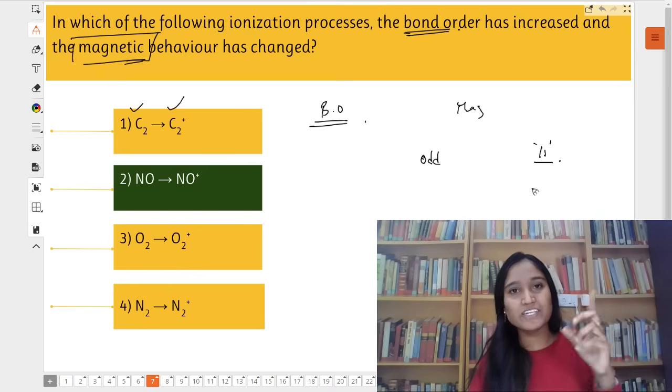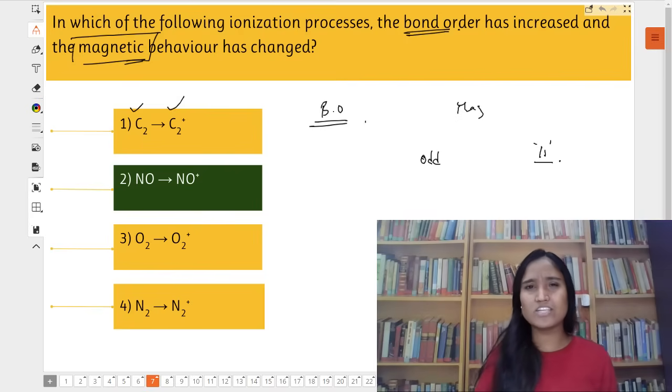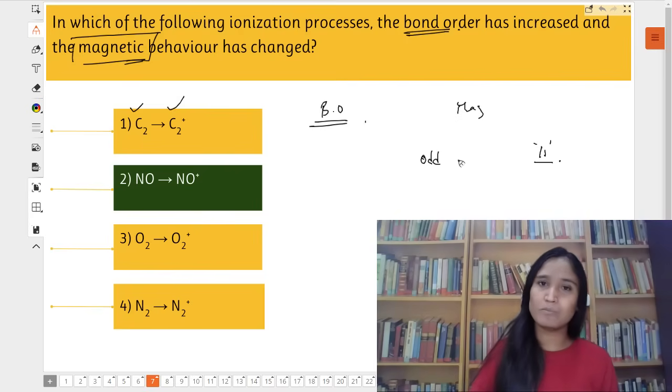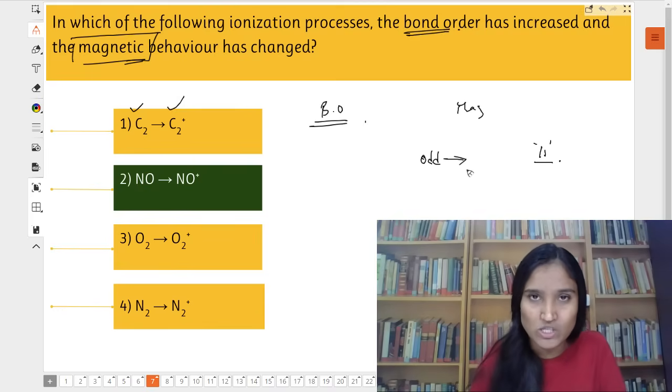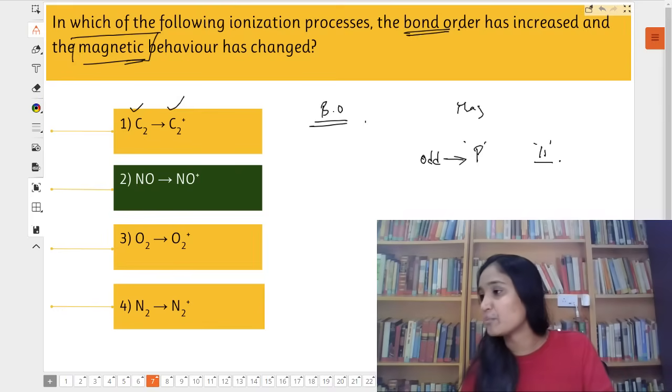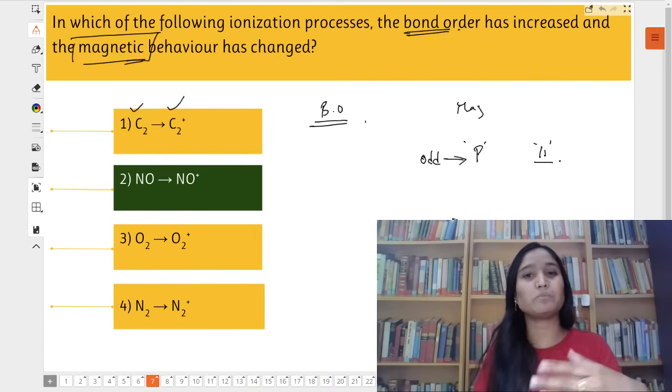There could be 5 pairs and 1 single electron. So can we generalize: if you have an odd number of electrons, you have one or more unpaired electrons, and that might cause paramagnetic behavior. We can generalize, right? There are exceptions, I'm coming to that.